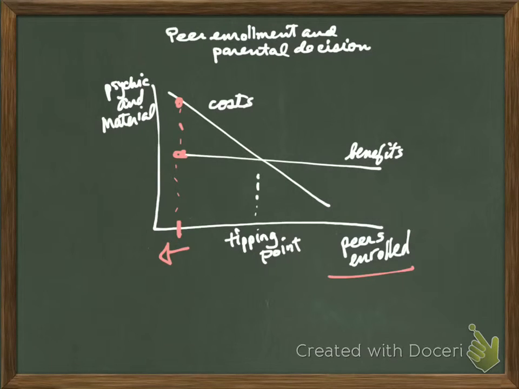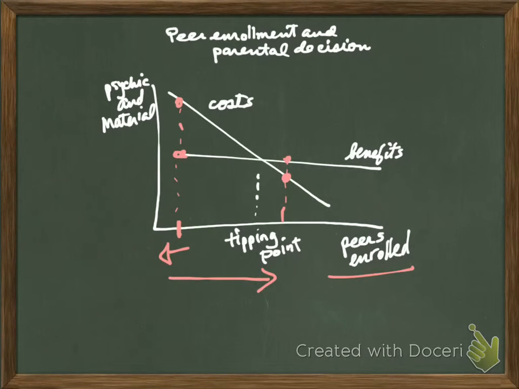If, however, for some reason there's some push that gets a lot of girls in school, once you have a lot of girls in school, the benefits don't go down very much. But the costs decline rapidly because now nobody's going to sanction you for sending your daughter to school when everybody else's daughter is going to school.